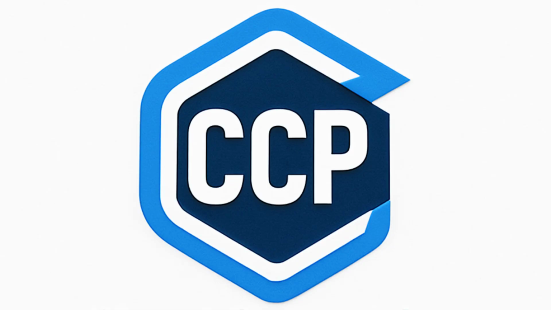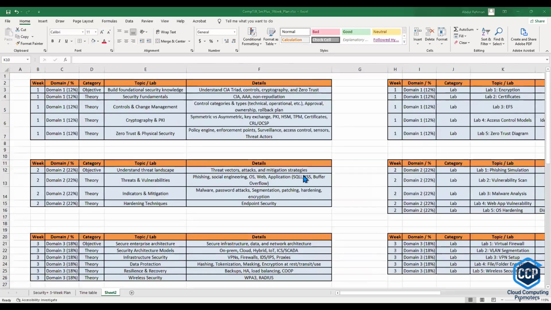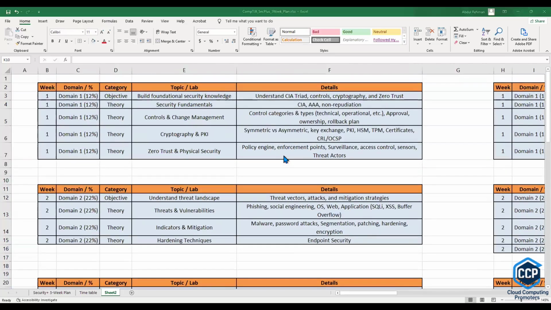And one more thing, at last, I would want to show an Excel sheet. This will be our course plan which I have been designing.